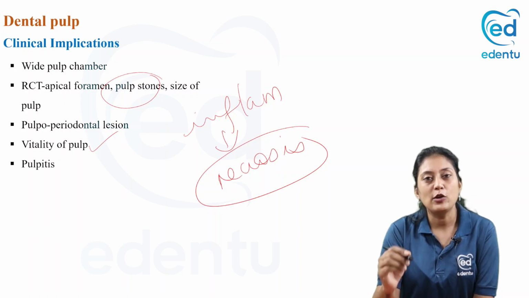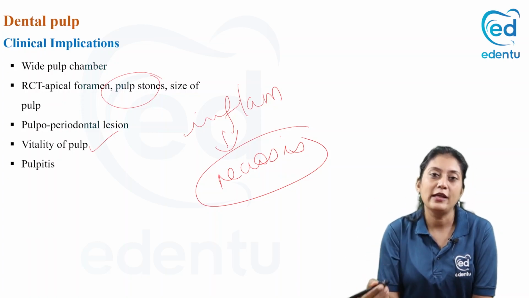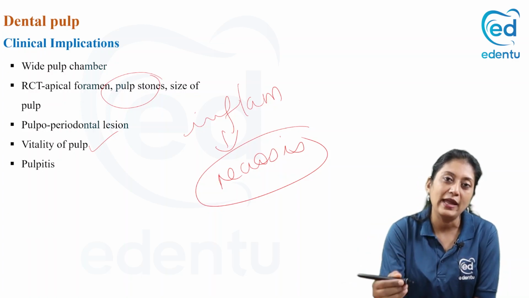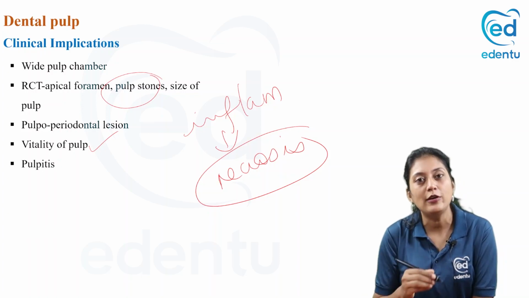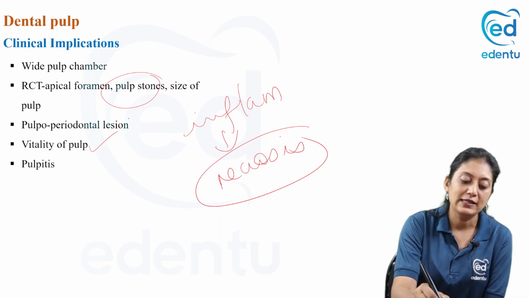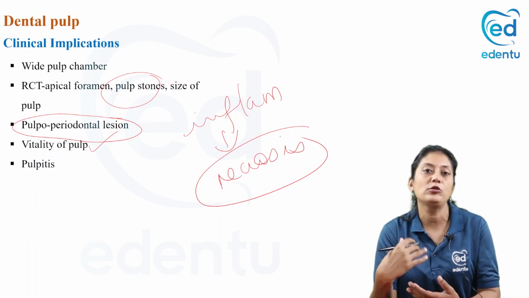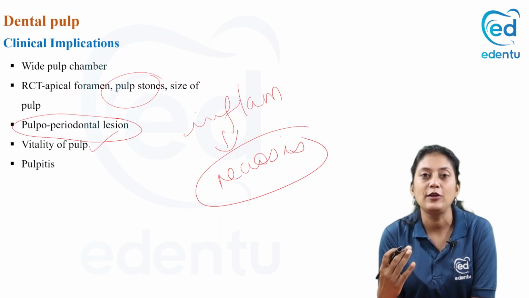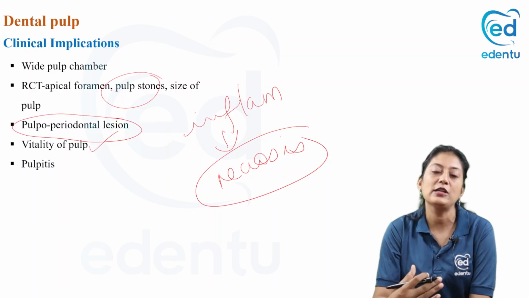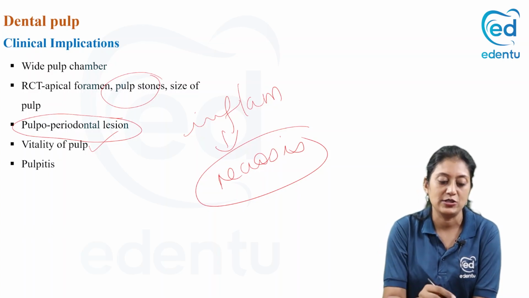And because of the apical foramen, there is a connection between pulp and periodontal ligament. Therefore, any disease of the pulp may enter the periapical region. In the same way, any disease of the periodontium may enter the pulp. That is called a pulpoperiodontal lesion, where you have a combination of both pulpal and periodontal lesions. All this you have to keep in your mind clinically when you are seeing the patient. It is very helpful for diagnosis as well as for treating the patient.